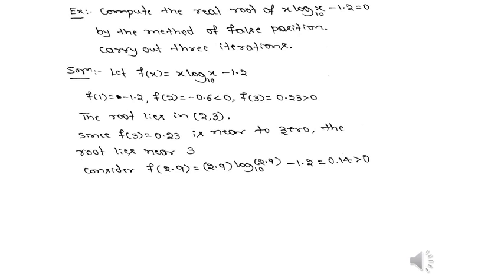If you put 2.9 in the place of x in the given function and simplify, you will get this value. And remember, this is log to the base 10. While pressing in your calculator, you need to press LOG button, not LN. LOG means log to the base 10.